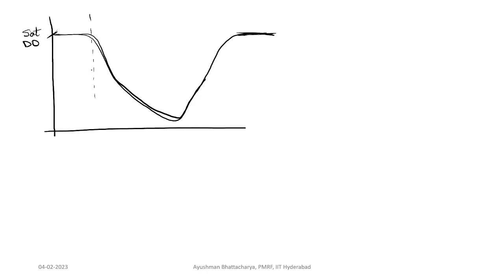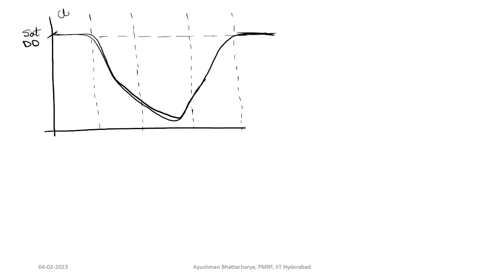This is divided into several sections. The first section we call clear water.